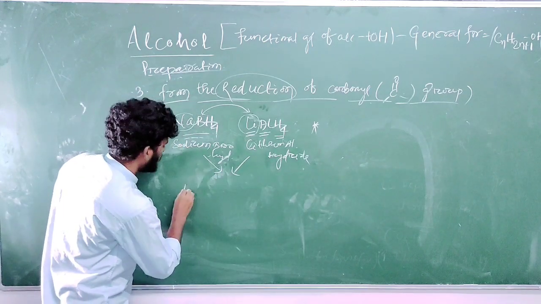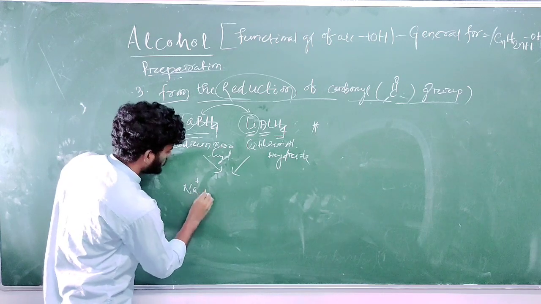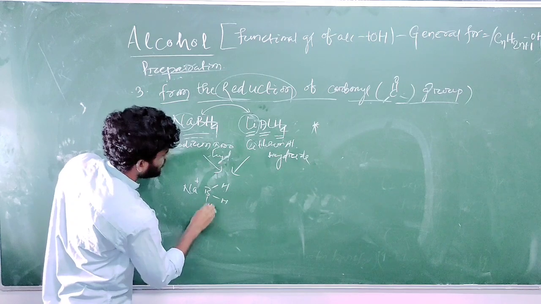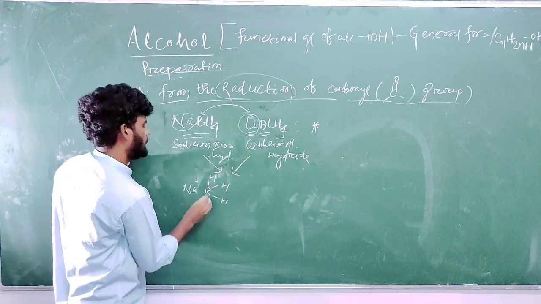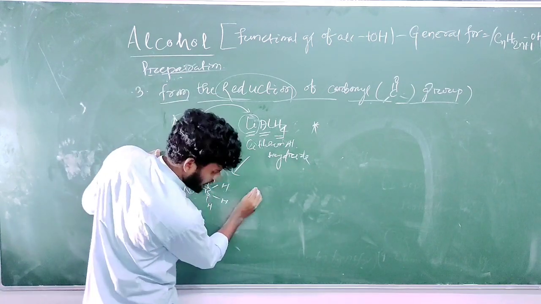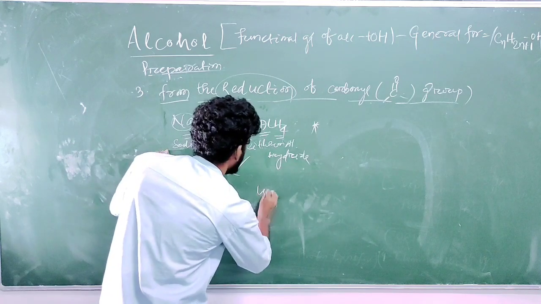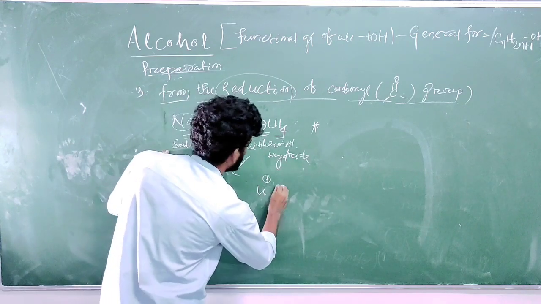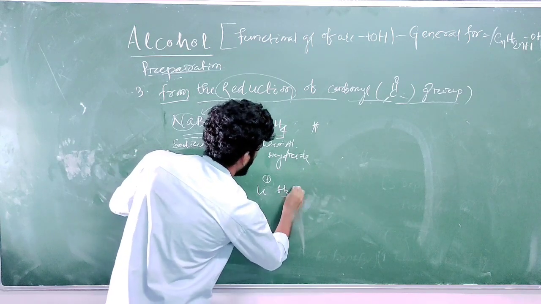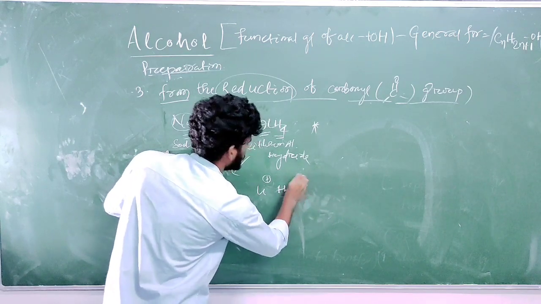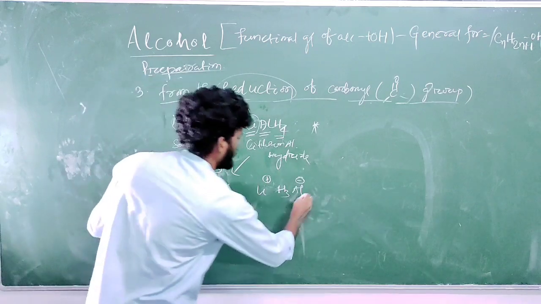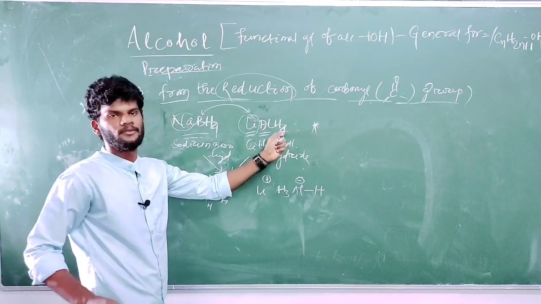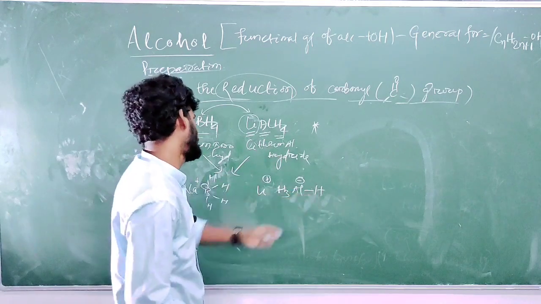Sodium borohydride we can write as Na plus BH4 minus, hydrogen attached to boron atom. And lithium aluminum hydride as lithium plus, H4 aluminum with negative charge over aluminum: 3 hydrogens here, 1 hydrogen here, 4 hydrogens.